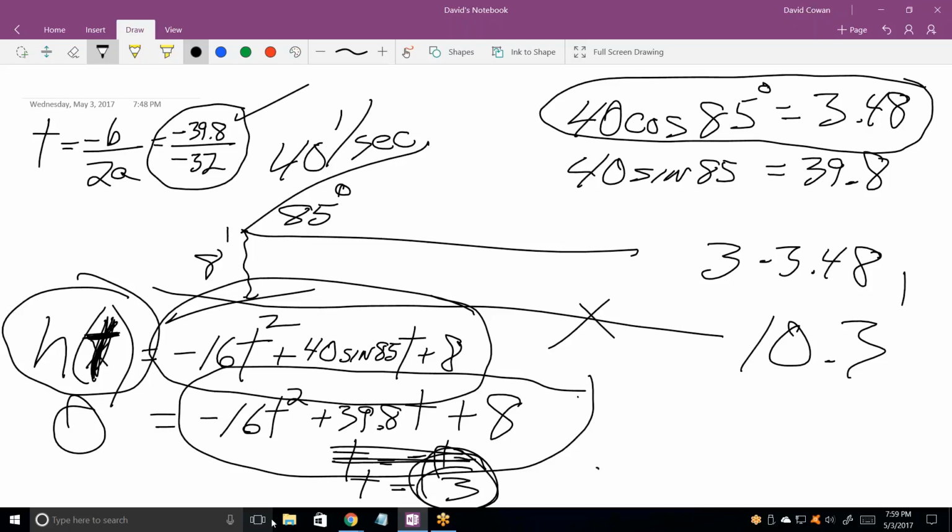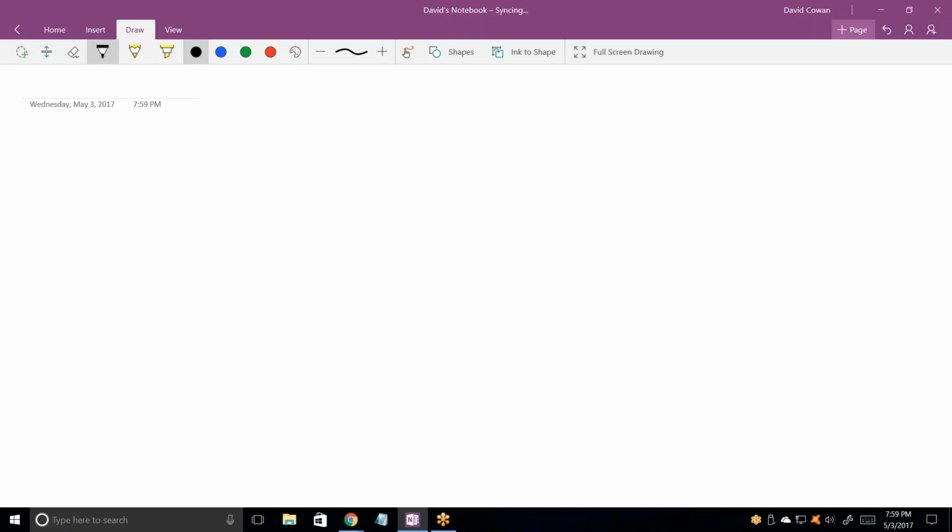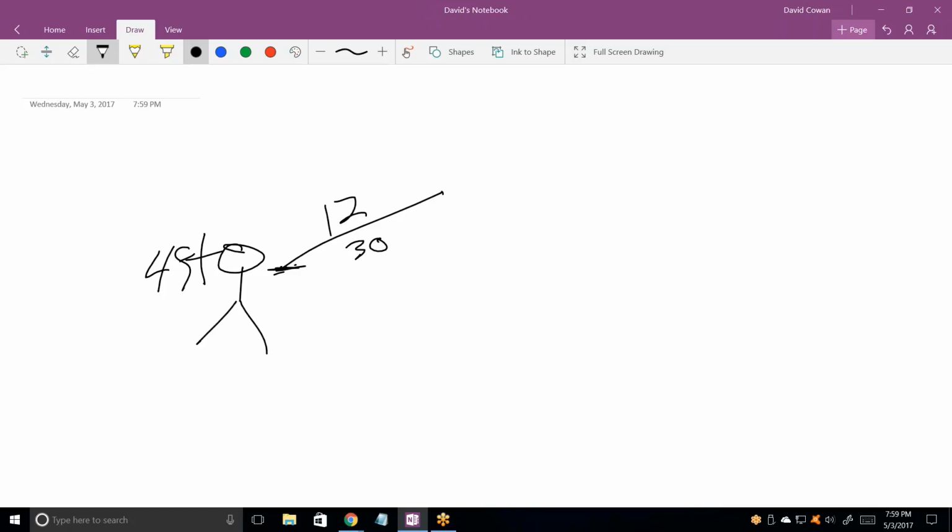That's a good one to stop on. That's a pretty good one. Just before I go, a more clever one actually is a baseball player. We won't solve this, but I'll show you just for the heck of it. Hits a ball at a height of 4 feet, at an angle of 30 degrees with a velocity of 120 miles per hour on the ball.